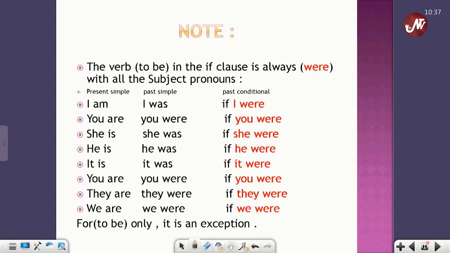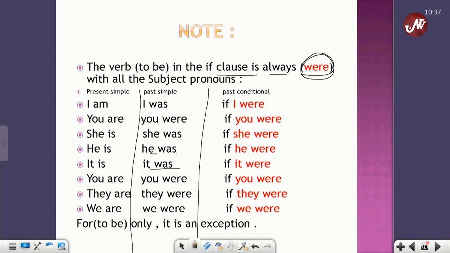Note, you should remark that the verb to be in the if clause is always were, as we have seen, with all the subject pronouns. So here the present simple, here the past simple: I was, she was, he was, and it was.